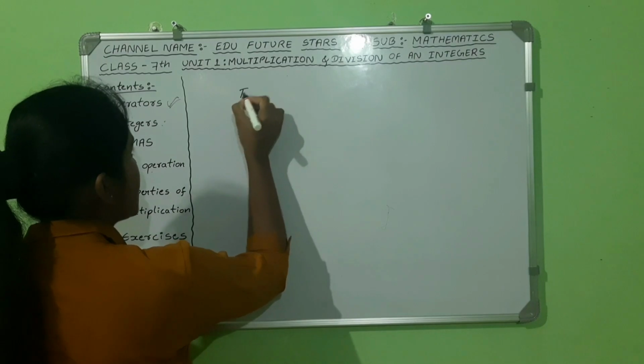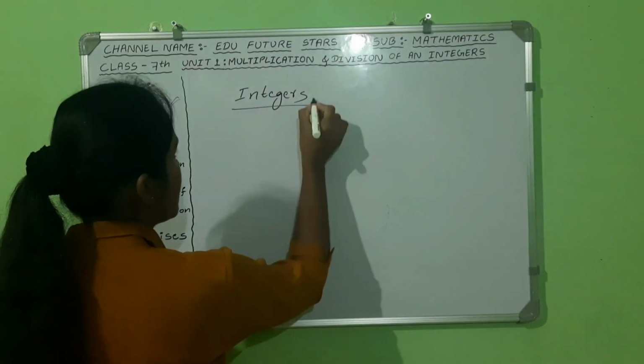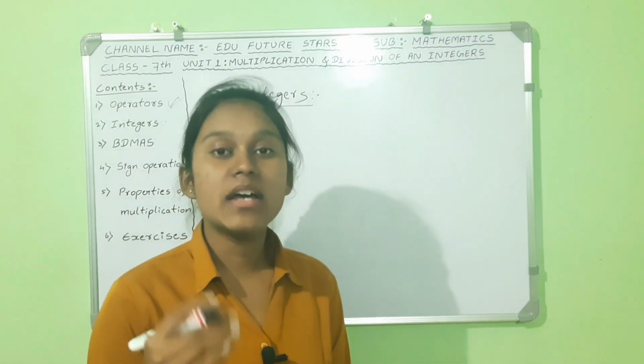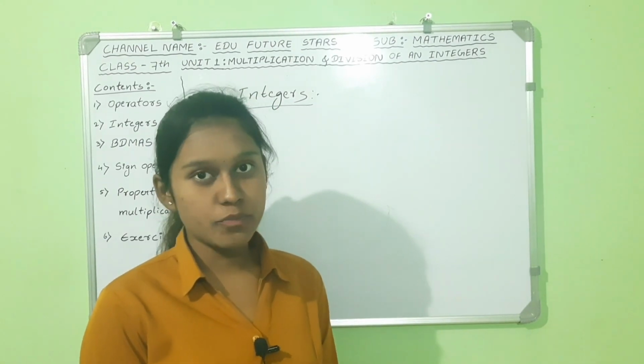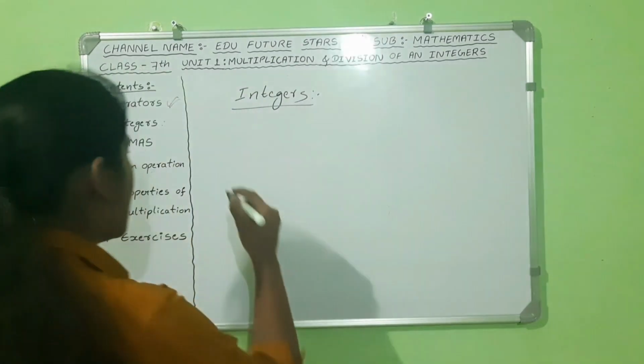The next is integers. Integers are the numbers in the format of positive and negative. All negative and positive numbers are called integers.